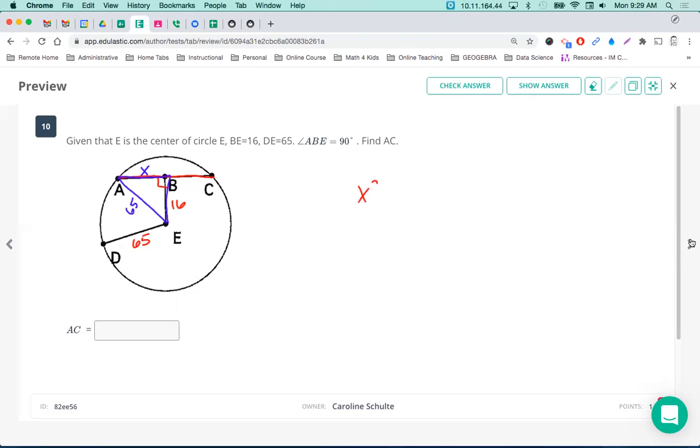So I got x squared plus 16 squared equals 65 squared. When I solve for x here, I'm going to get x equals 63. And if this is 63, so is this. So to find my full length AC, I just add those two together. I get 126. Again, not drawn to scale. But AC would equal 126 in this case.